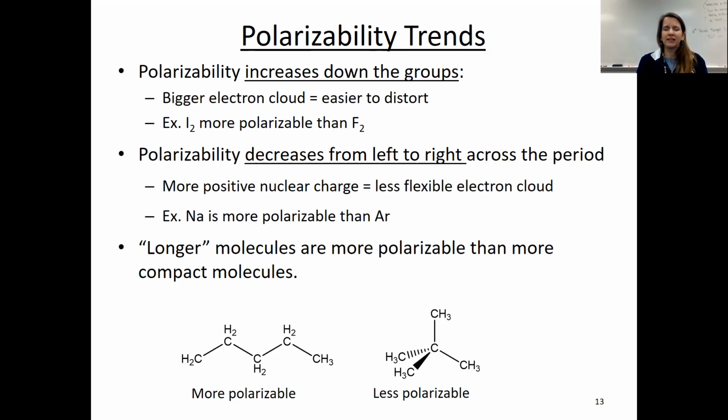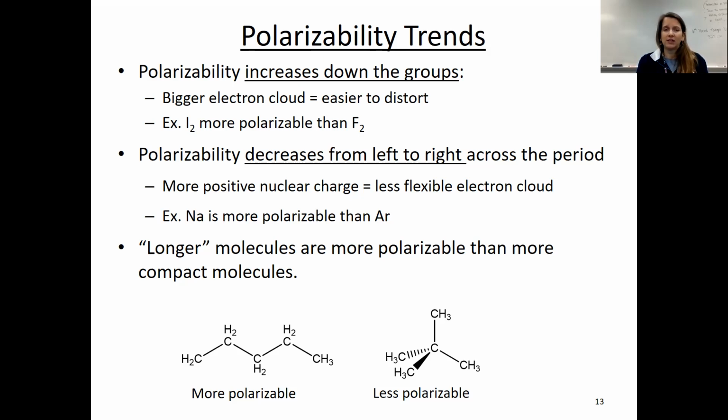So it's harder to get those electrons moving the way that nearby atoms want them to move. So then we would say that sodium is more polarizable than argon because they're in the same period, but sodium has fewer protons in its nucleus, and so those electrons are more easily influenced by nearby atoms.